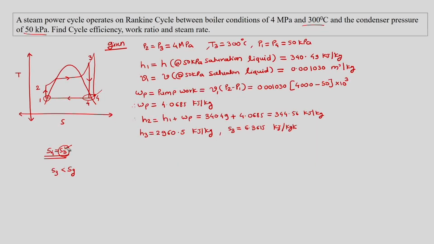But here it would turn out that S4 is equal to S3, and S3 is less than Sg at 50 kilopascal. So we have to find out the dryness fraction at state 4.